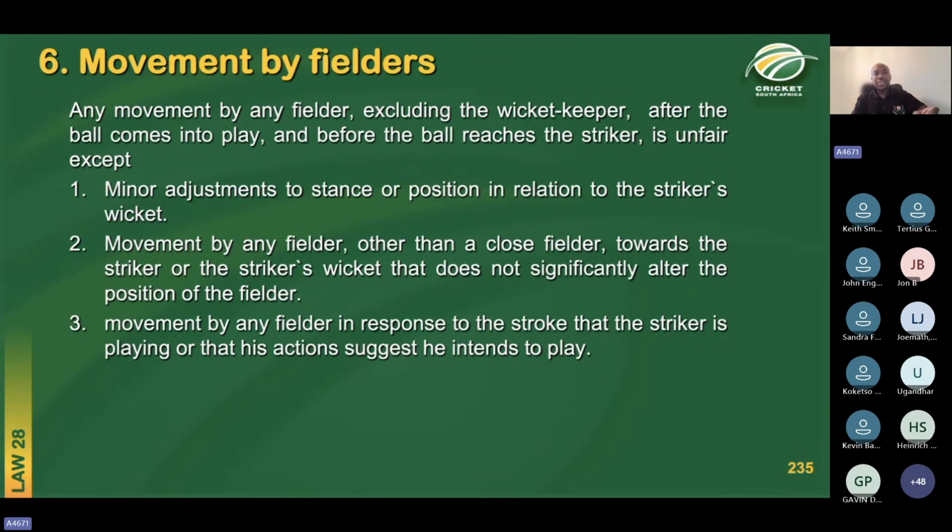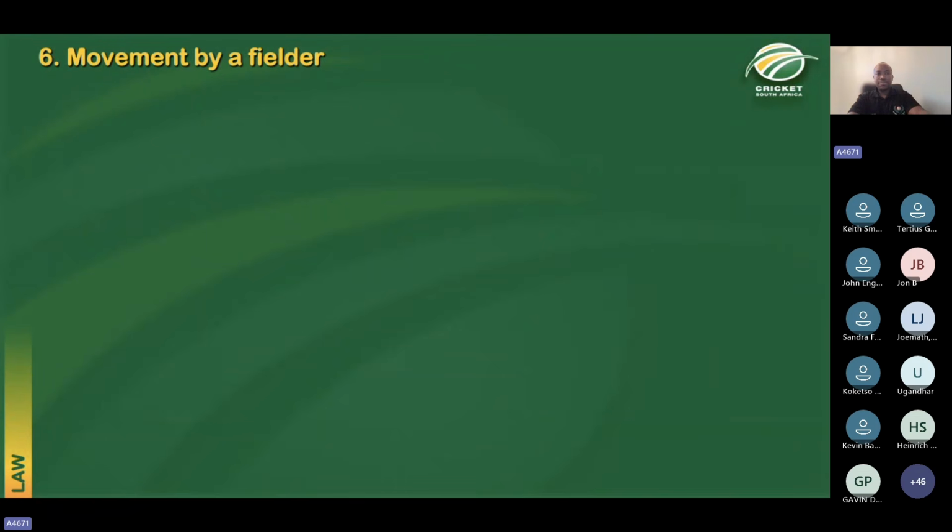The first slip fielder was also running towards the leg side when Temba Bavuma made contact with that ball. That is allowed. Why? Because it was behind Temba Bavuma, so it did not distract the striker, and it was in response to the stroke that Temba Bavuma was playing. So those three movements by fielders are allowed as per law.